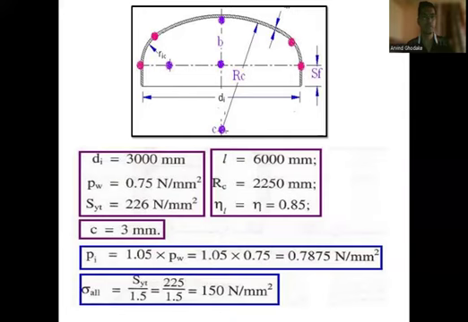Then the corrosion allowance is 3 mm. Therefore, the design pressure Pi is equal to 1.05 times the working pressure, so that will be equal to 0.7875 Newton per mm square. Therefore, sigma allowable is equal to SY upon 1.5, so that will be 150 Newton per mm square. That is the allowable stress.